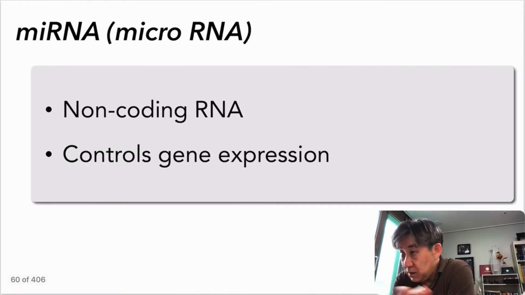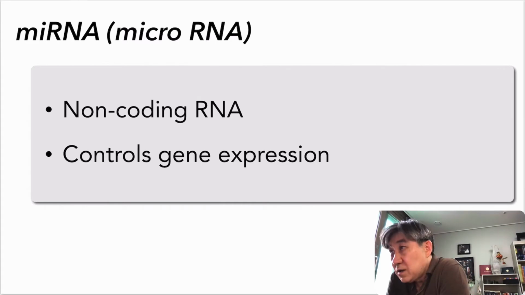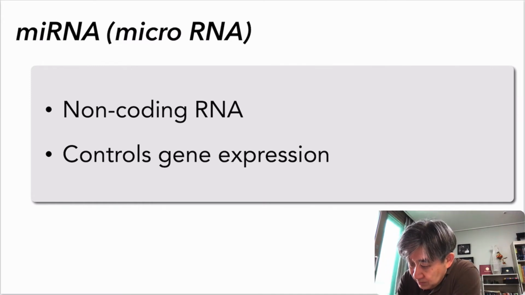And so up until then, those three RNAs I have already mentioned earlier, but this is a new mentioning. Well, actually this was the one discovered relatively later on. This is called microRNA, abbreviated miRNA.